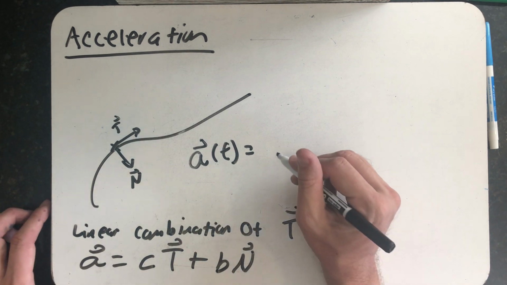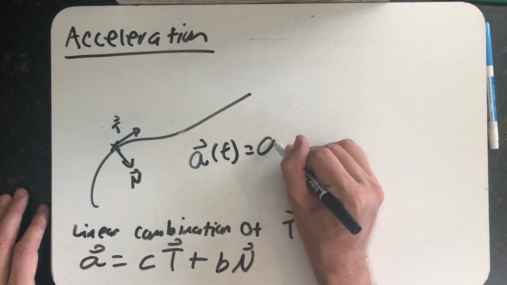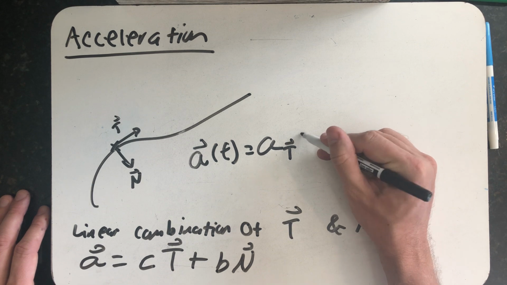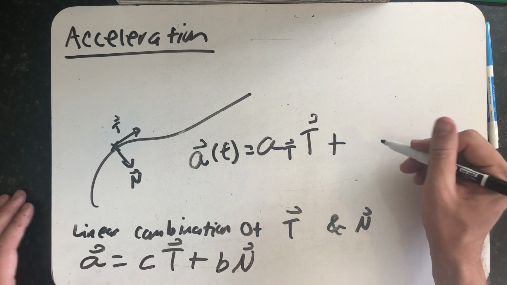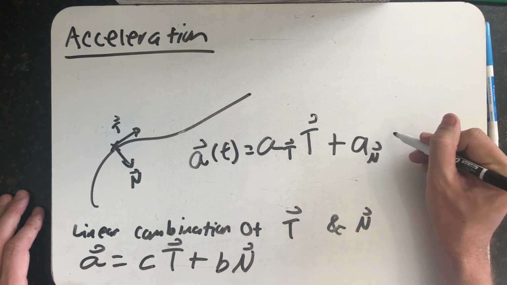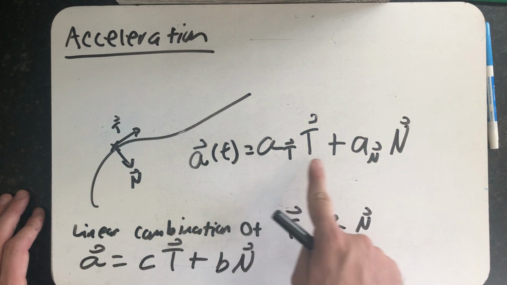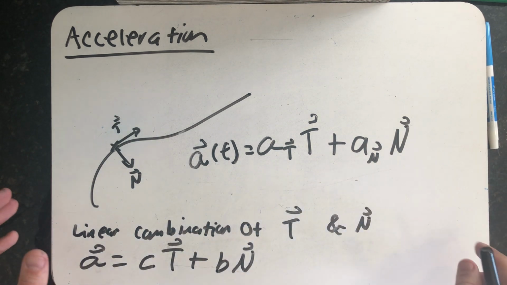So the more traditional way of writing this down is this constant in front of T we call A sub T. And the one in front of N we call A sub N. And they are the tangential and normal components of acceleration.